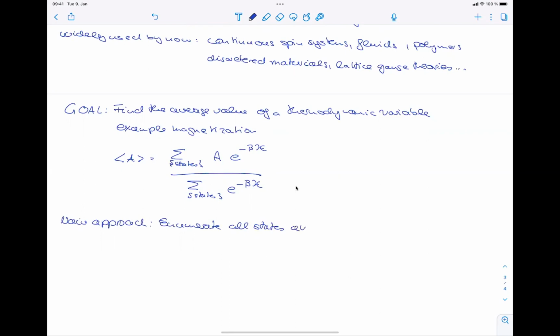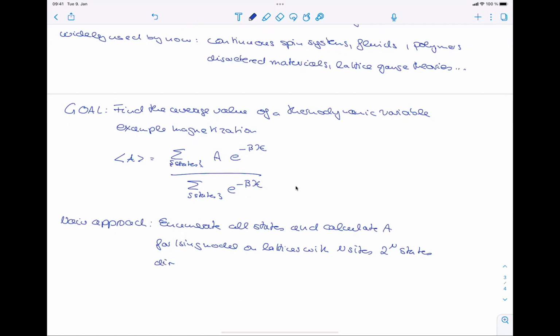Okay, so we enumerate all states and calculate A. And for an Ising model on lattices with n sites, this would mean we have 2 to the n states.